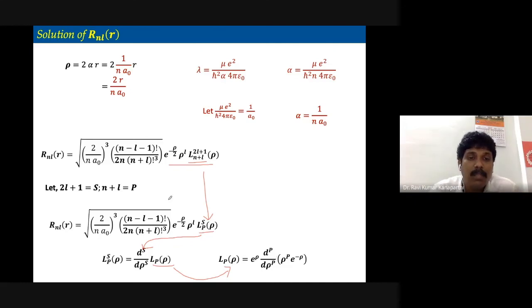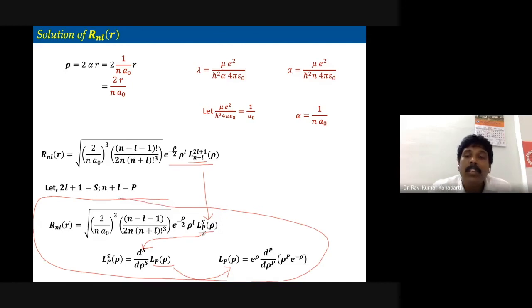This is the complete solution of the radial equation, which depends upon two quantum numbers, the principal quantum number n and the azimuthal quantum number l. These formulas, as I have mentioned previously, you have to remember and memorize, because from the examination point of view, we will ask what is R20 of r. n is equal to 2 and l is equal to 0, which means it is a 2s orbital.